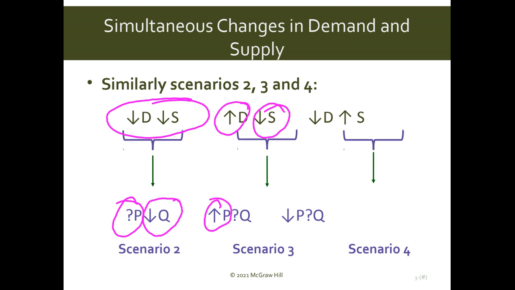That is indeterminate. This time equilibrium quantity is indeterminate. When demand decreases and supply increases, then equilibrium price must decrease for sure, but you are not sure about equilibrium quantity. Why? Because it depends on the magnitude of the shift in these two curves. So these are all these four scenarios, right?